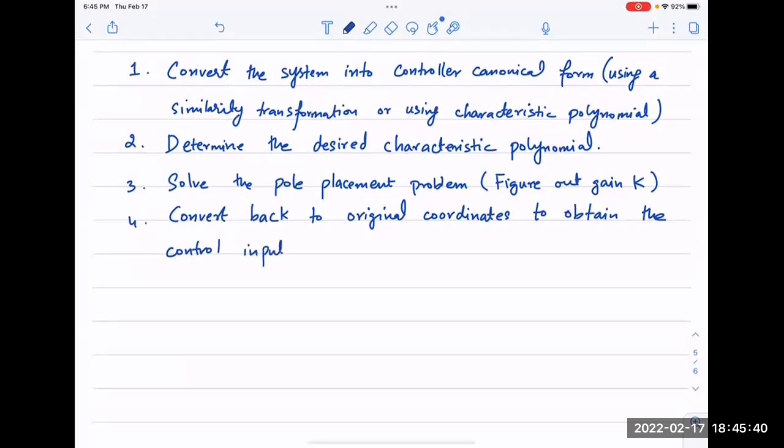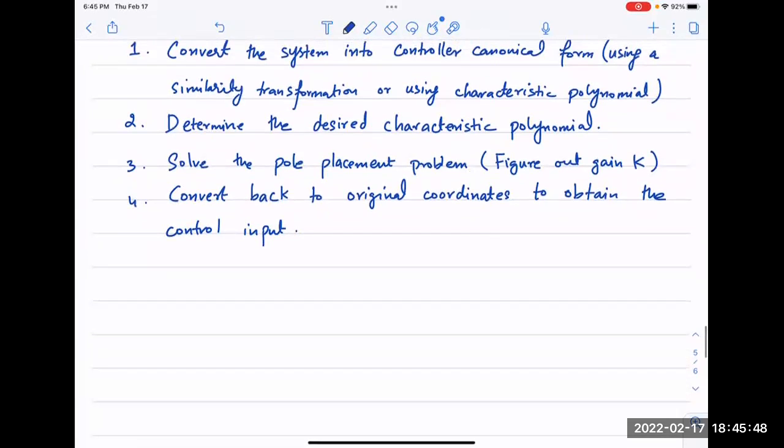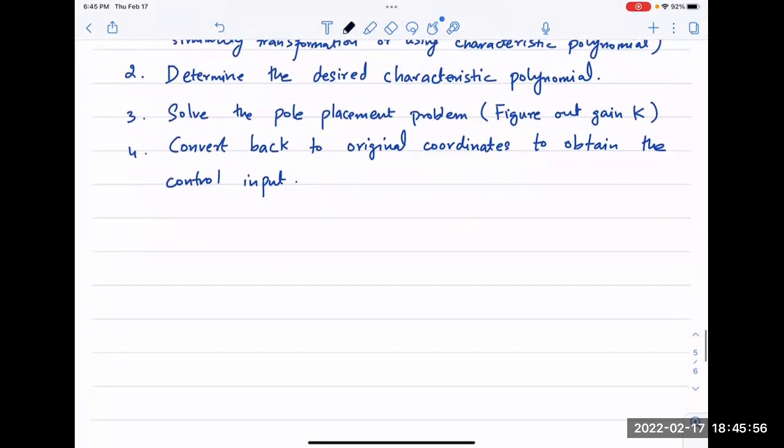Okay, so that's the general procedure, and I mean, we have to see an example before it becomes really clear. So let's write down a system.